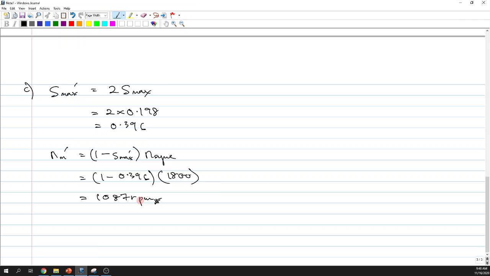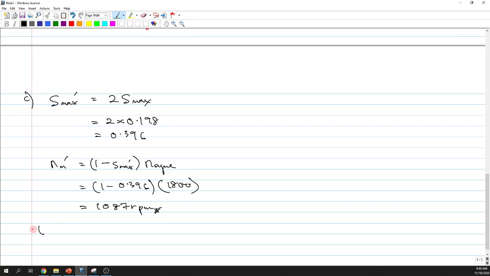Then they also asked about the maximum torque. As we know before, the torque induced is independent of R2. So it doesn't matter when the R2 is increased, the torque is still maintained because it is independent.